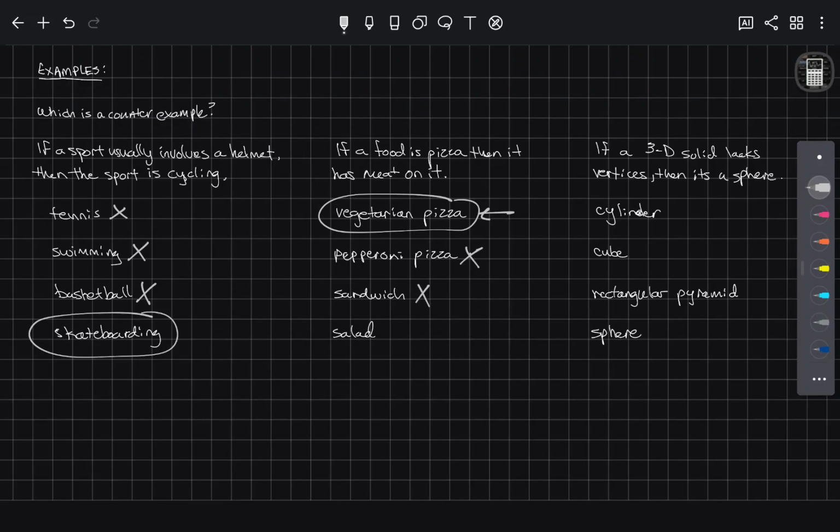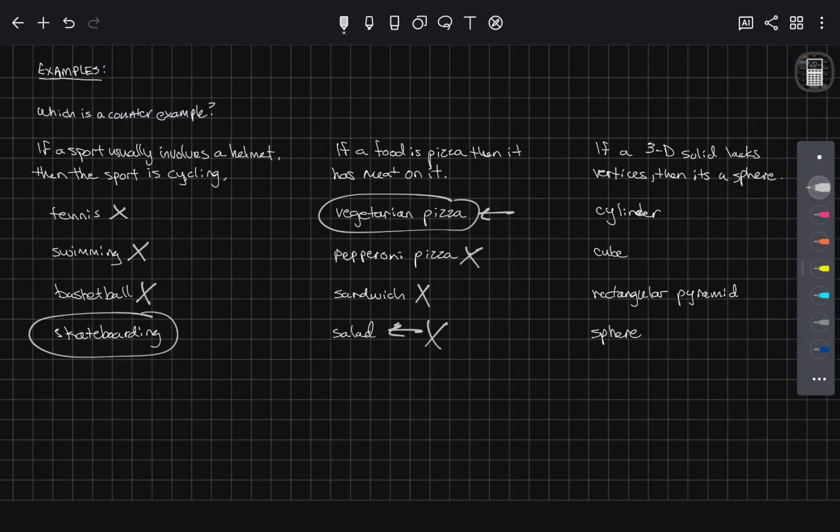And then a salad. Ooh, if a food is a pizza, then it has meat on it. Well, we could have a salad, but it doesn't have meat. But what's the problem with this? It's not a pizza. So this is going to be, again, another one that's not going to be a go for us. So we're thinking about things that are true, that fit into the parameters we're being given, but we're providing another example to say it's not completely true because of this.